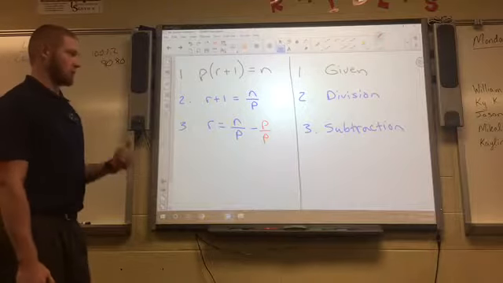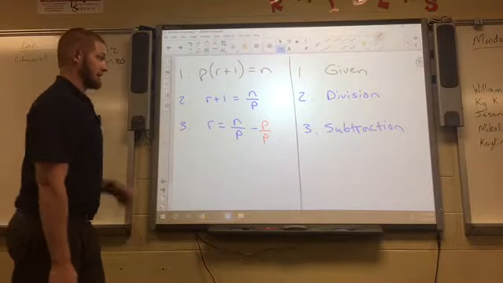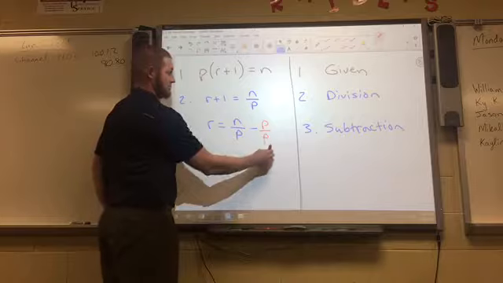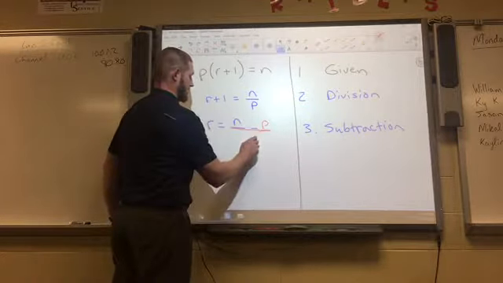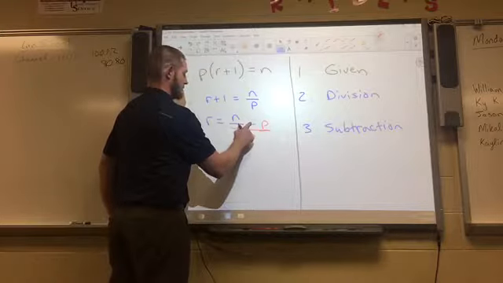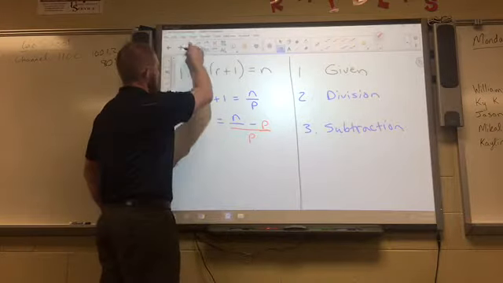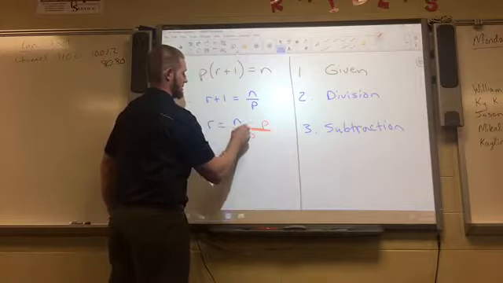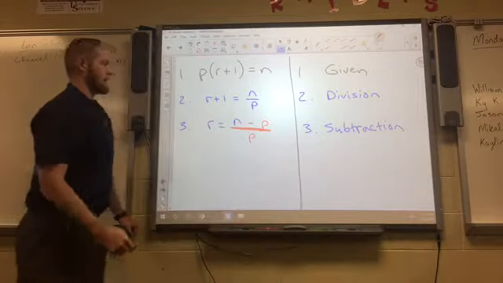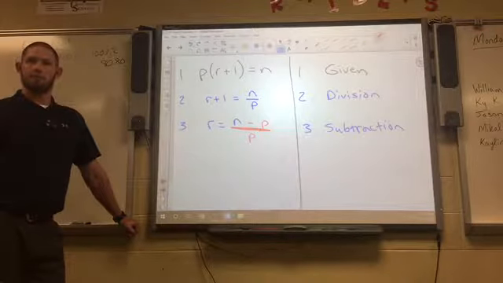Anything over itself is equal to 1. And since there's a P in both of these denominators, I can just write it as one fraction. Put that minus sign back up here. Now I have the exact same thing they have, right?